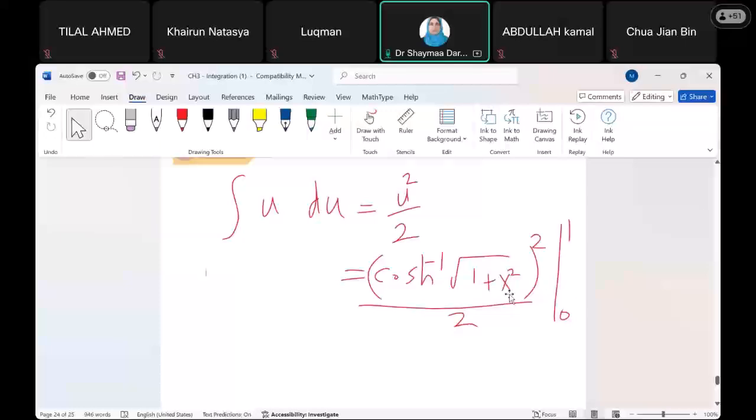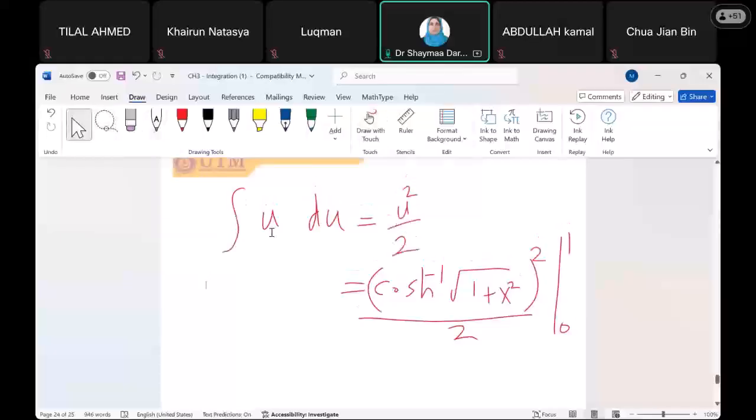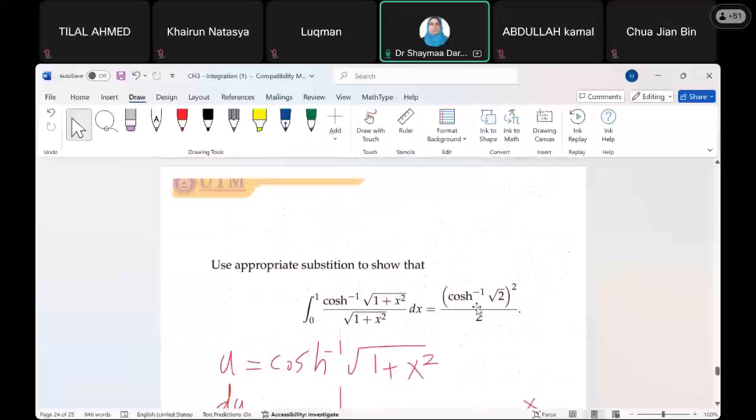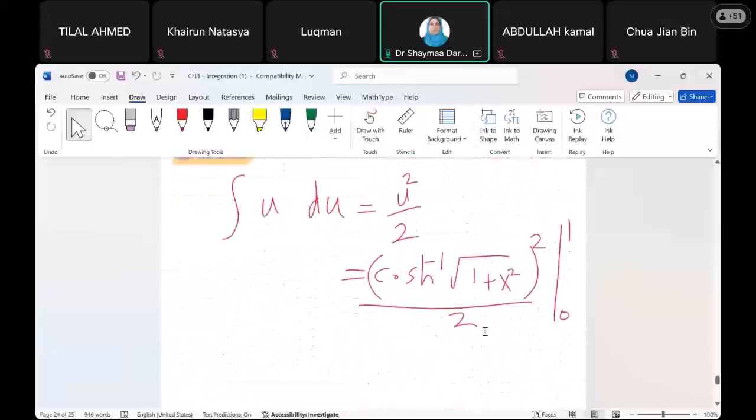Okay, substitute now x equal to 1, then x equal to 0, and you will have the answers, because we need to show that it is equal to this part. So substitute x equal to 1 first.